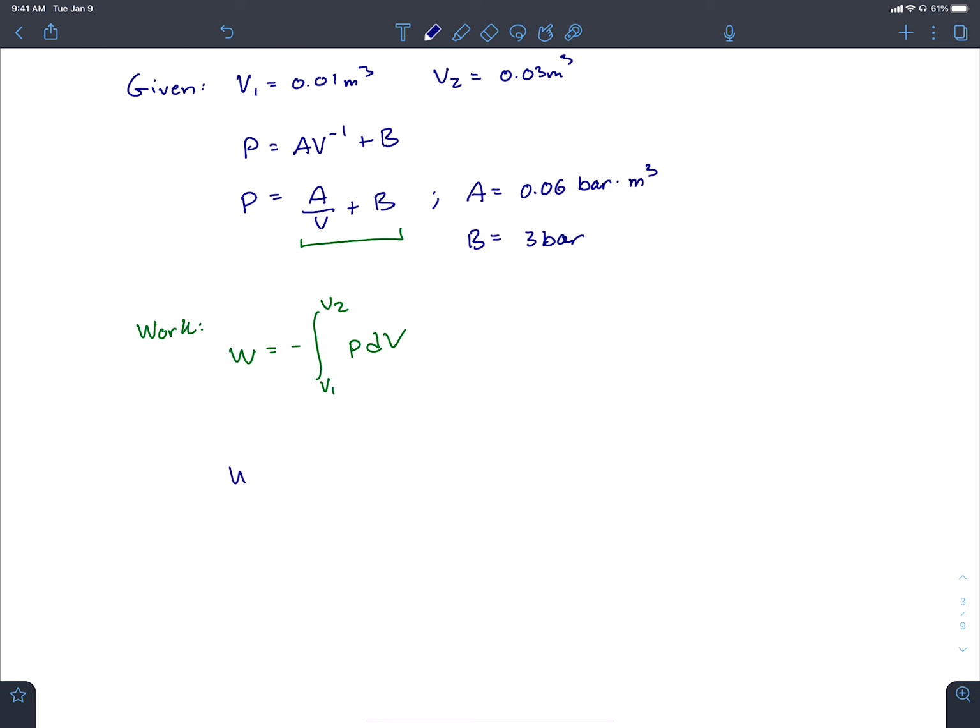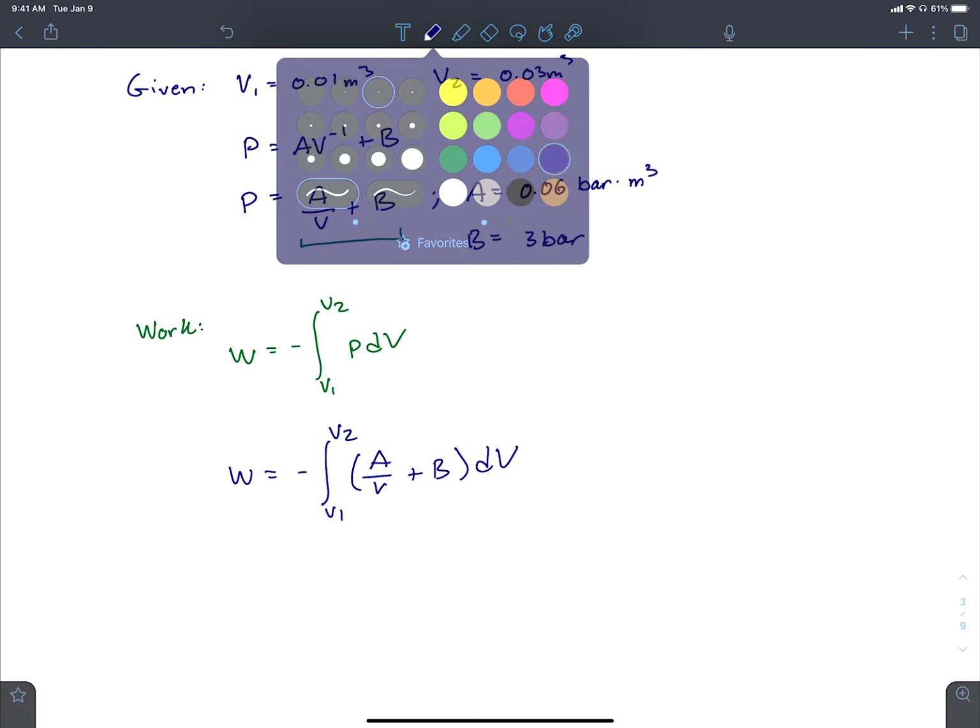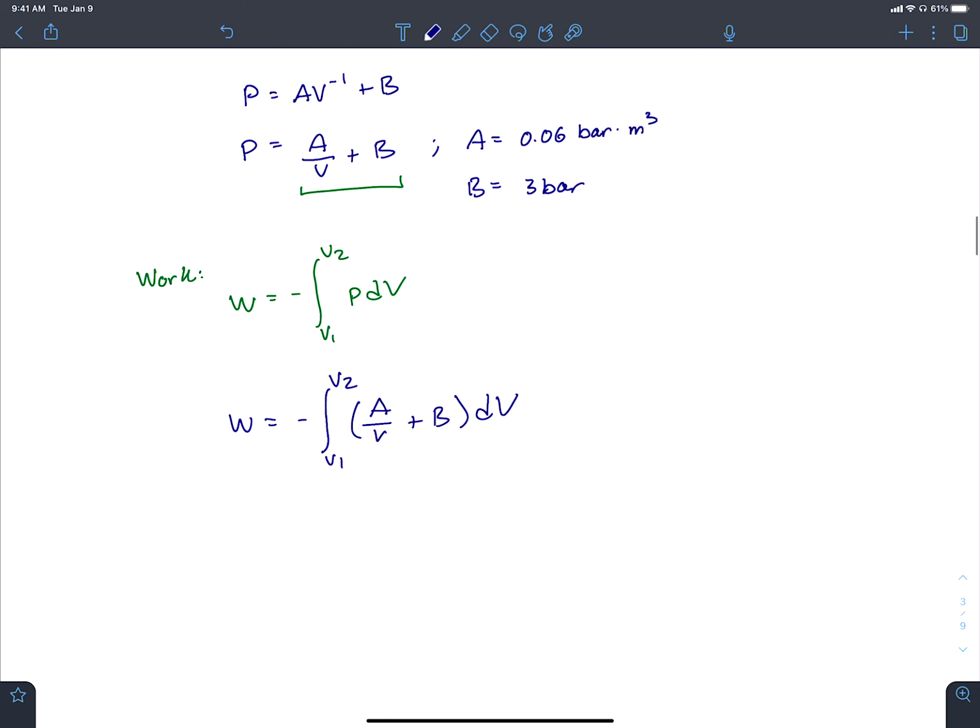So now we know that work is equivalent to negative the integral over V1 to V2 of A over V plus B dV. And again, doing a little bit more math on the side.